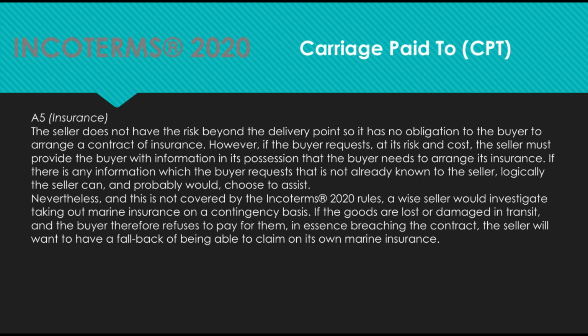Nevertheless, and this is not covered by the Incoterms 2020 rules, a wise seller would investigate taking out marine insurance on a contingency basis. If the goods are lost or damaged in transit, and the buyer therefore refuses to pay for them, in essence breaching the contract, the seller will want to have a fallback of being able to claim on its own marine insurance.